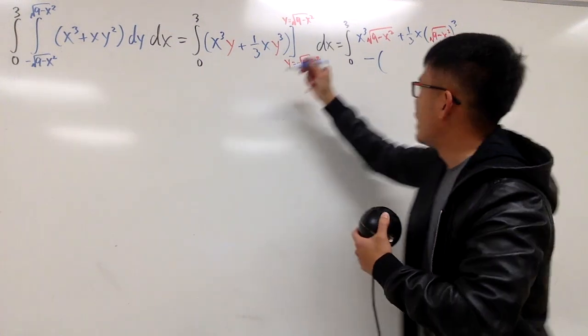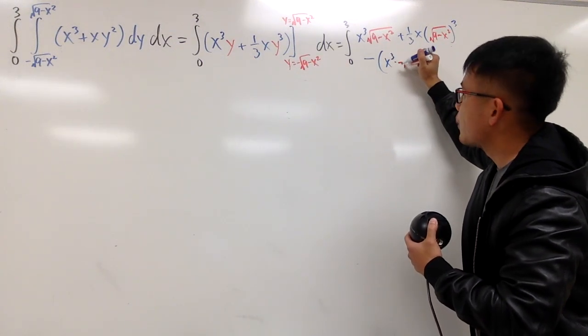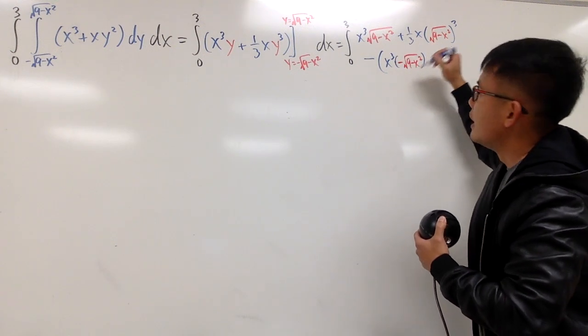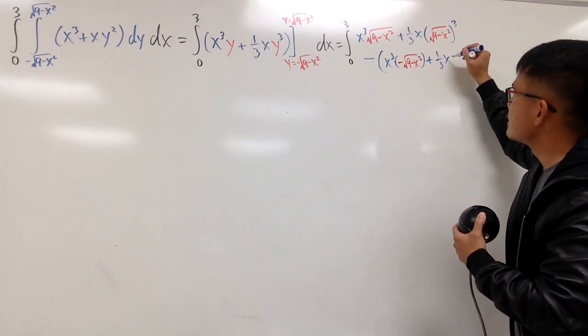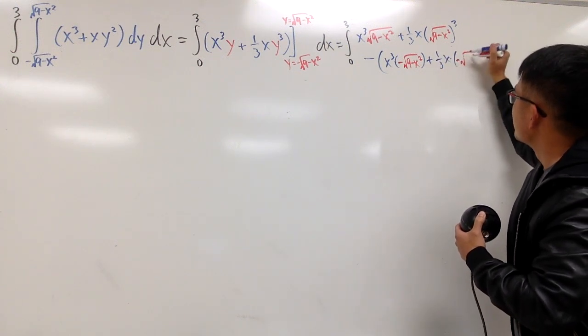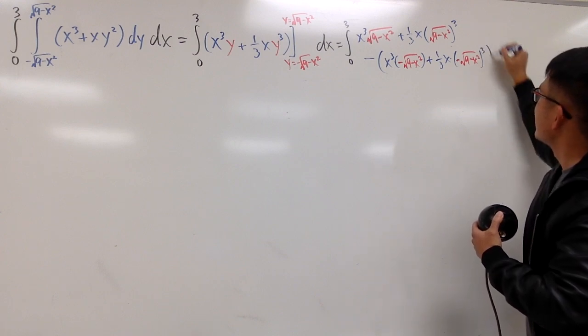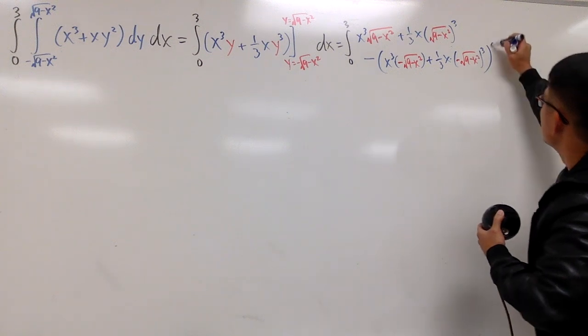Minus, plugging this into y, we have x to the third power times negative square root of 9 minus x squared, put parentheses maybe, and then plus 1/3 x times negative square root of 9 minus x squared to the third power. Yeah, like that. And then in the end, you still have that dx, okay?